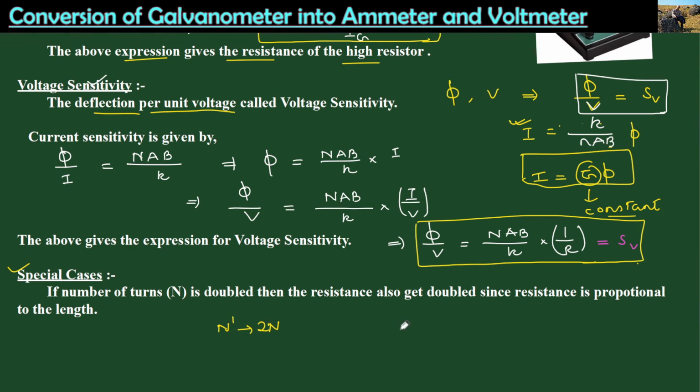Let N dash be the new number of turns. When the number of turns is doubled, the resistance also will get doubled.